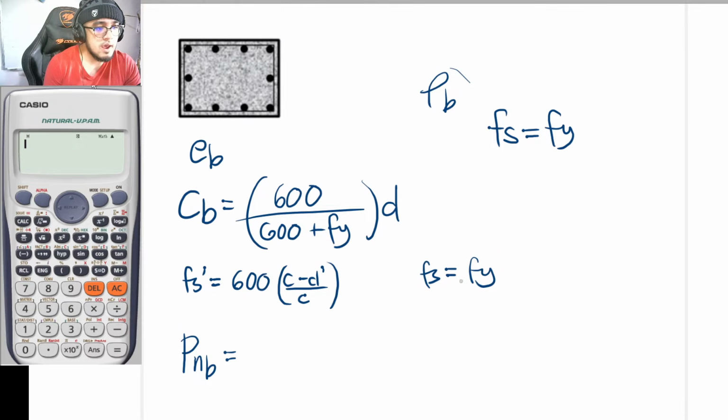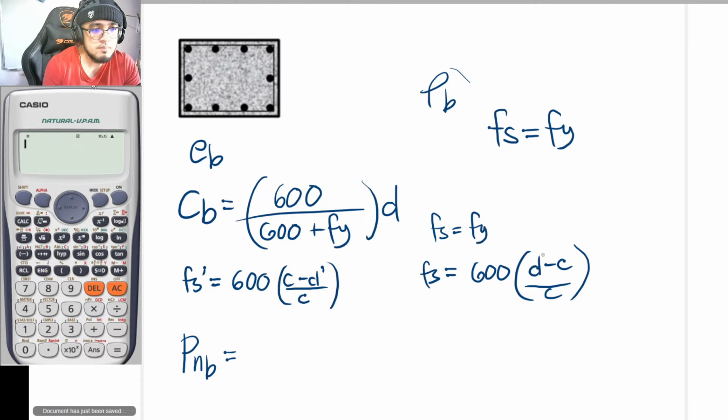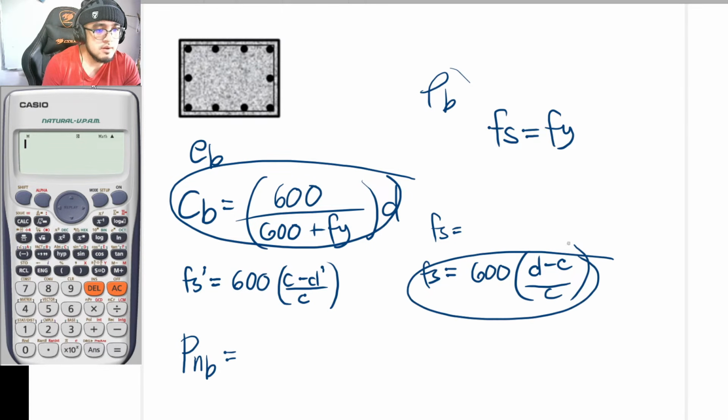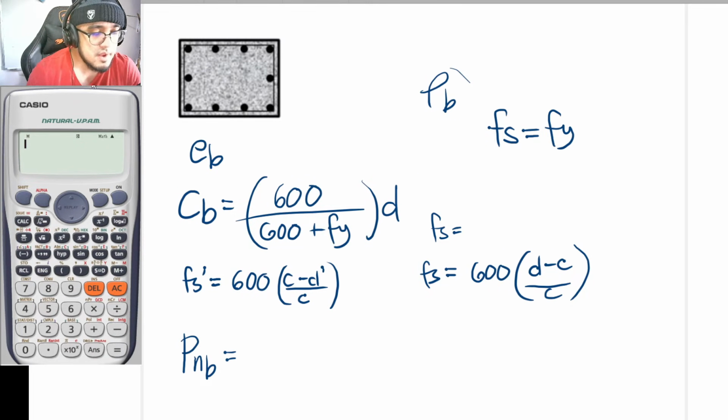And for your Fs, this is equal to 600 times d minus c, divided by c. But take note that your answer here should be equal to Fy. Fs must be equal to Fy if the c that you are using here is your c balanced, since these two are the same equation, just simplified and cross multiplied.